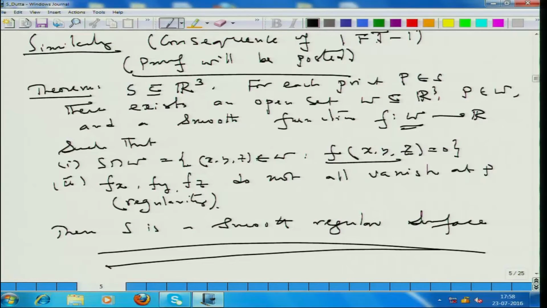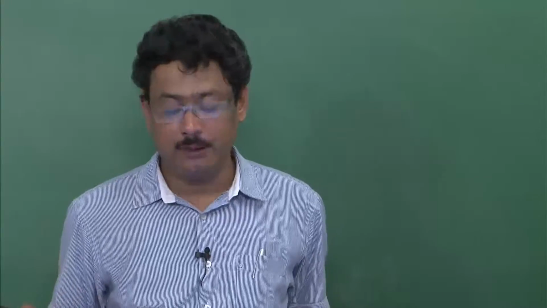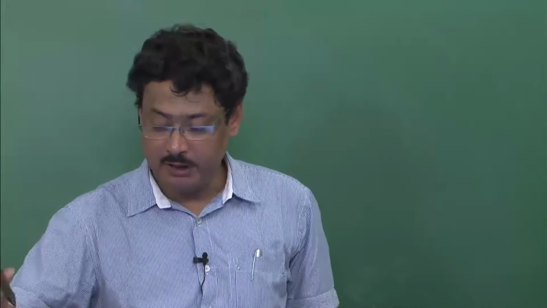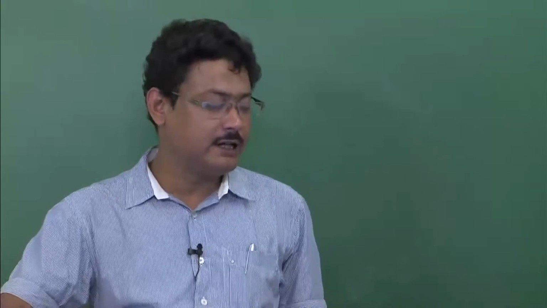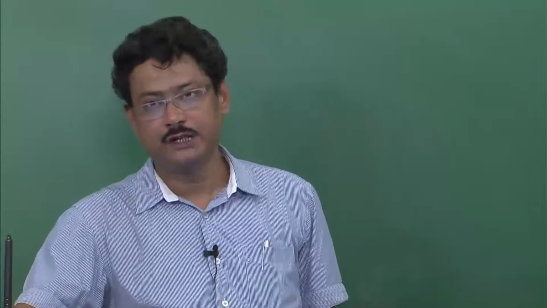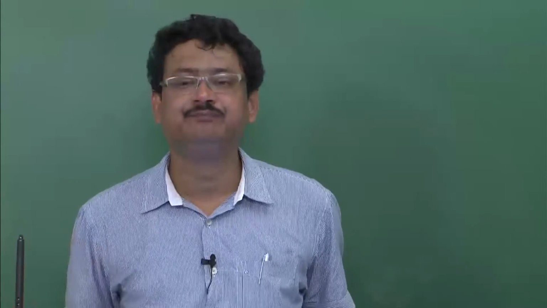In the next lecture I will show you how the torus, which we have discussed and which is also in the assignment, can be realized as a level surface of some smooth function f. So, that is in the next lecture. Thank you.